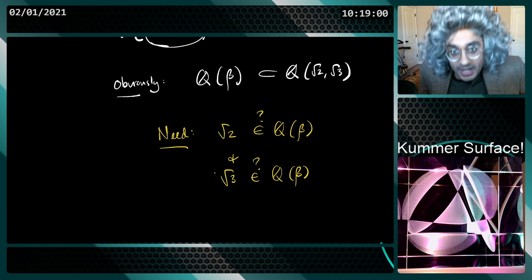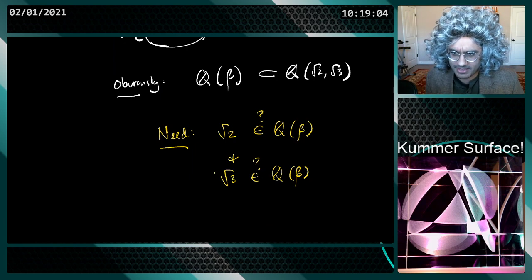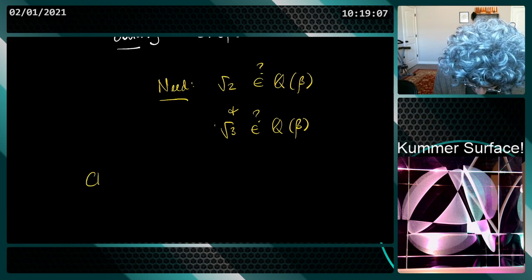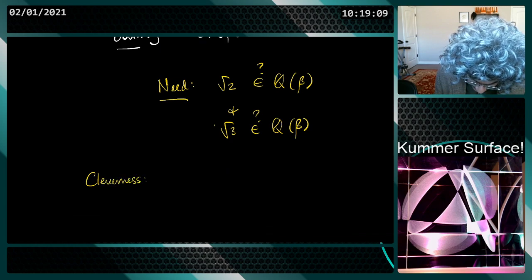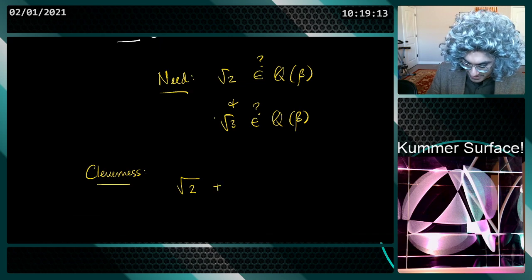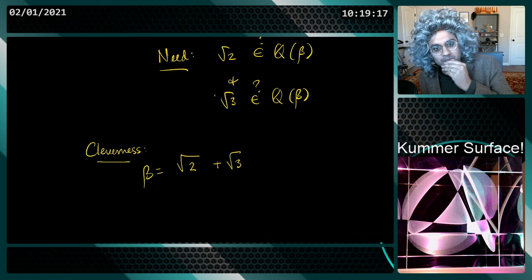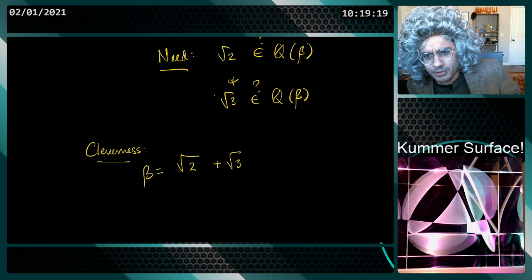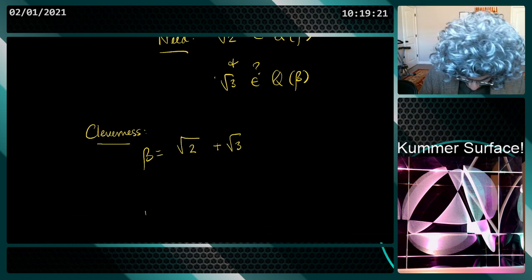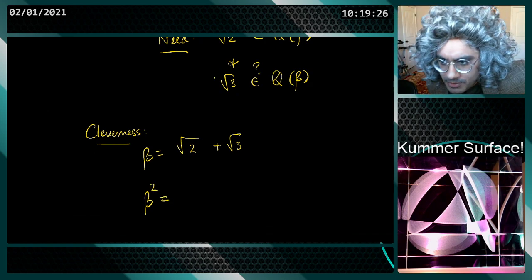Okay, so for this, you're going to need to do some clever math. Because all you've got is this beta. But if you square beta, okay, if it's clever, I'm not going to be able to do it. Watch me fail. Ready?